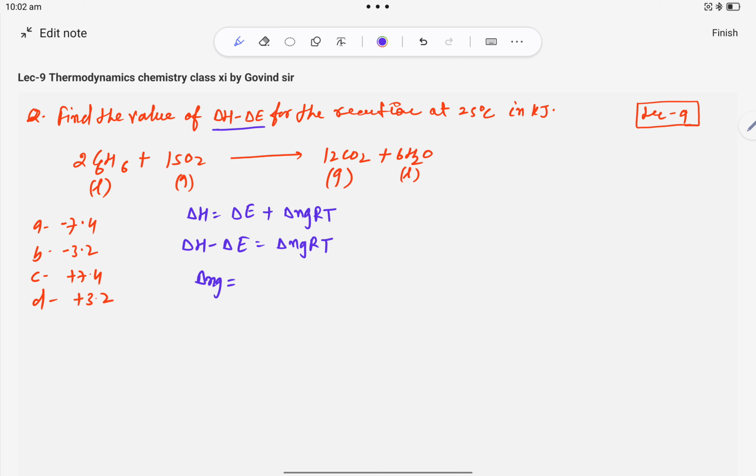So here 12 in product, and here 15. So delta Ng will be minus 3. So delta H minus delta E is equal to minus 3, R value 8.314, multiplied by temperature 25 degrees Celsius, then convert it into Kelvin, so 298.